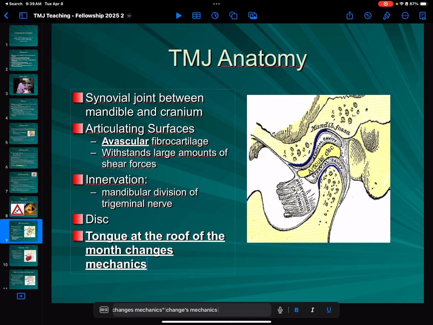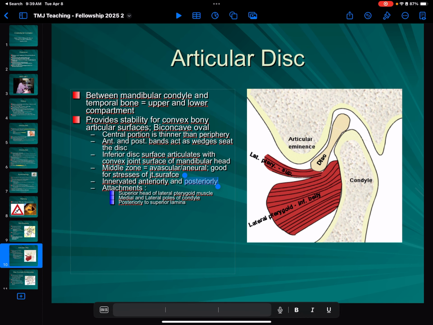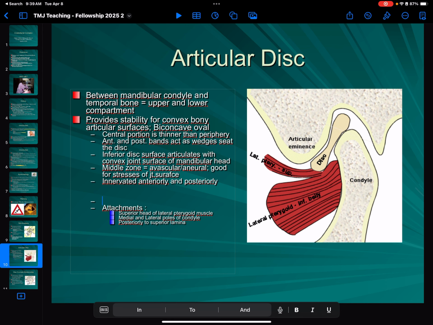So then with the articular disc, where it sits, you can see a little bit more of that flattened middle portion, and then the more rounded on the outside. And this provides stability for these convex, bony, articular surfaces.